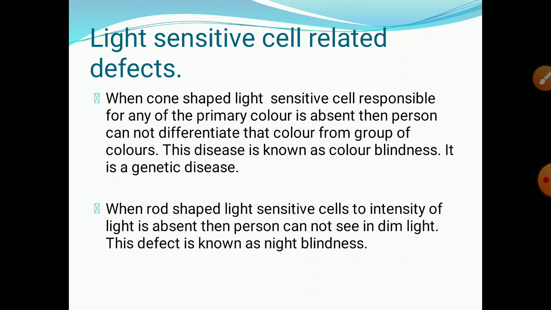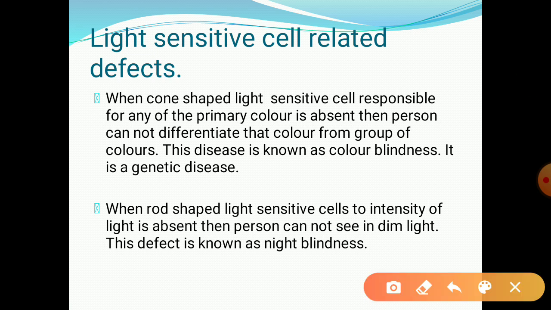When rod shaped light sensitive cells, which are sensitive to the intensity of light, are absent, then the person cannot see in dim light. This defect is known as night blindness.